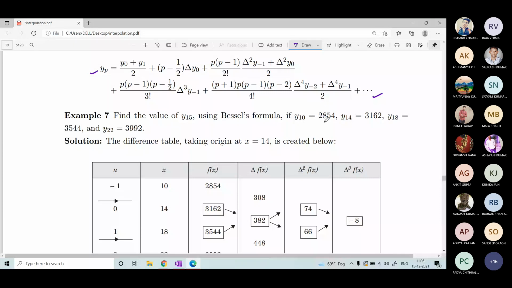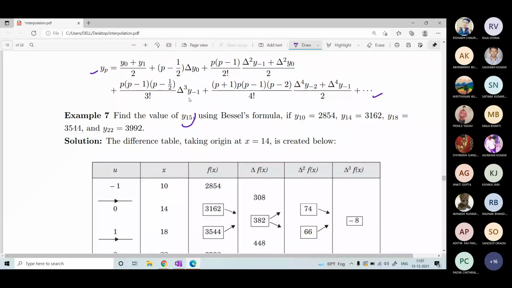Y at x equals 14 is 3162. Y at x equals 18 is 3544. And y at x equals 22 is 3992. You have to evaluate the output value at x equals 15, that is y15.